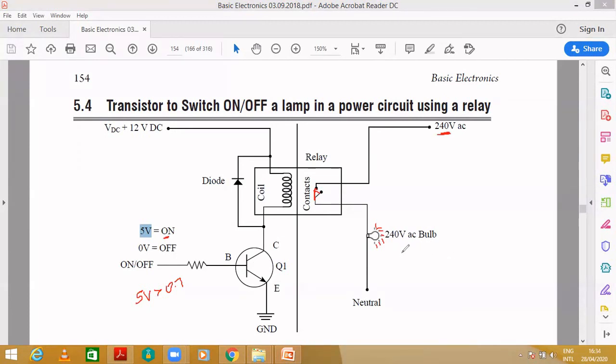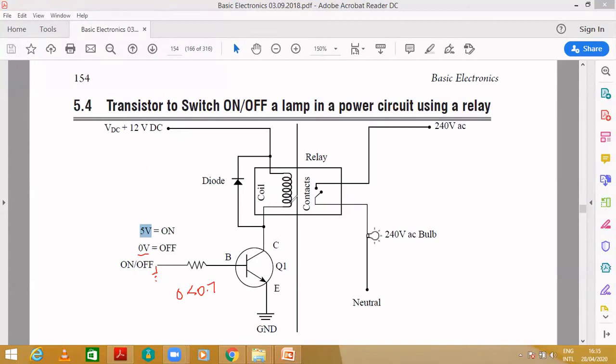Suppose next I make the transistor input 0 volt, meaning I make this base grounded. When the base is grounded, it is less than the normal 0.7 volt. Hence the base will be reverse biased. Hence there is no base current, and there is no collector current.